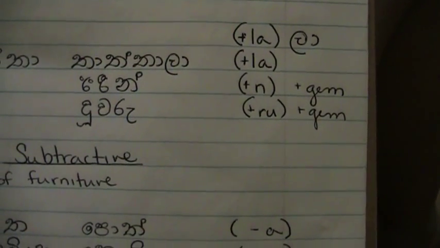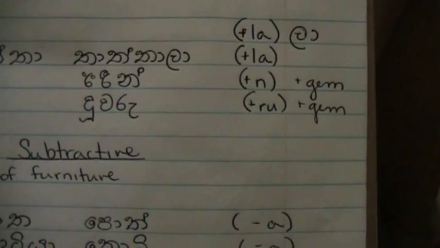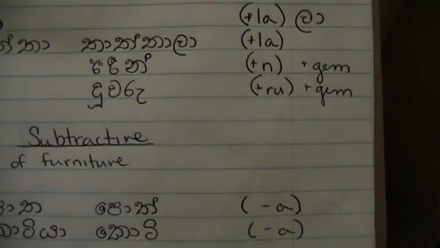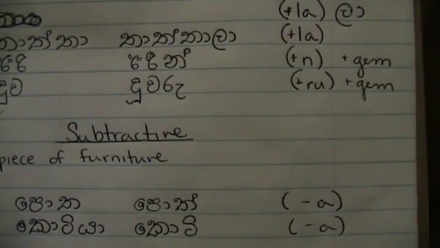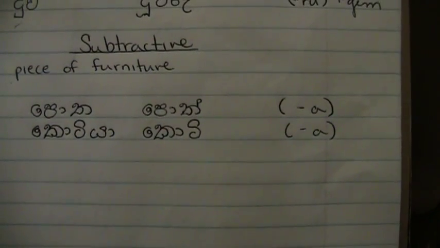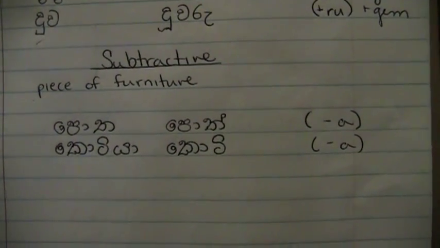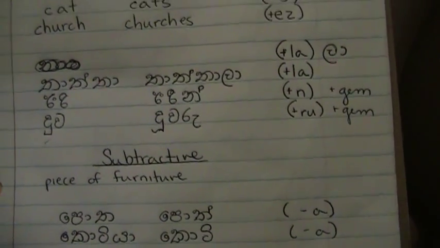The second rule says that you add an in at the end of the word, plus you lengthen the last vowel. The third rule says you add ru, and you lengthen a vowel as well. The subtractive rule says you shorten it by subtracting the last a from the word. That's all you need to do, and it's pretty simple. So good luck with the replacive.